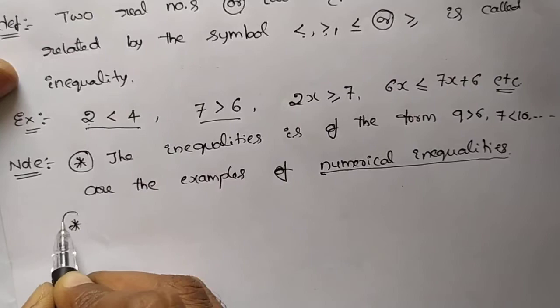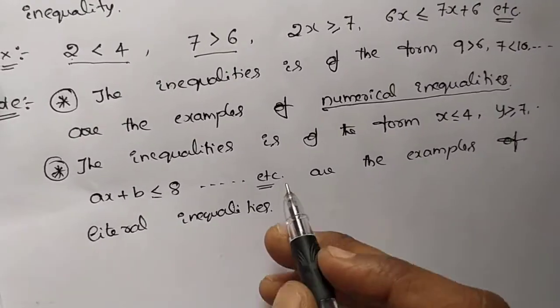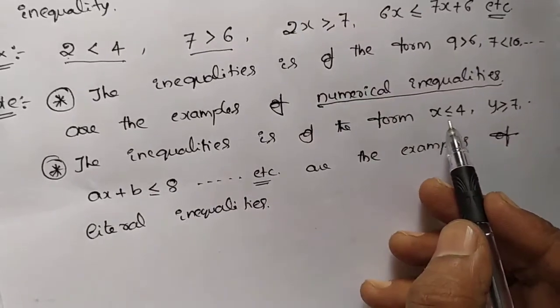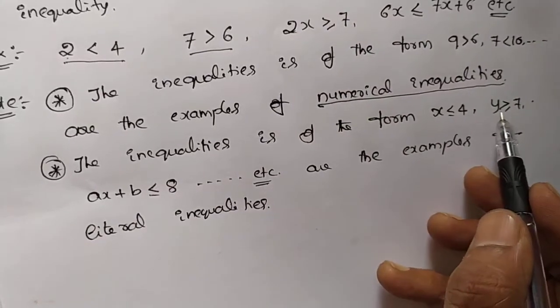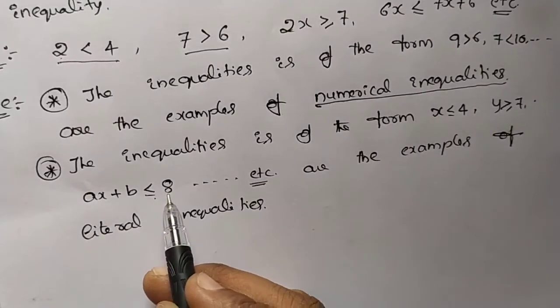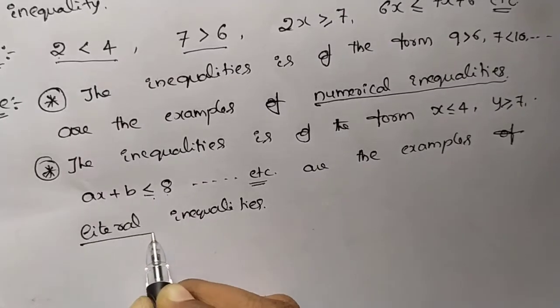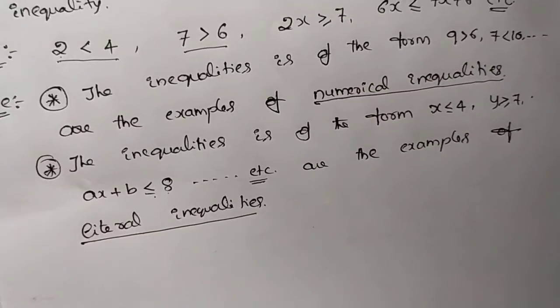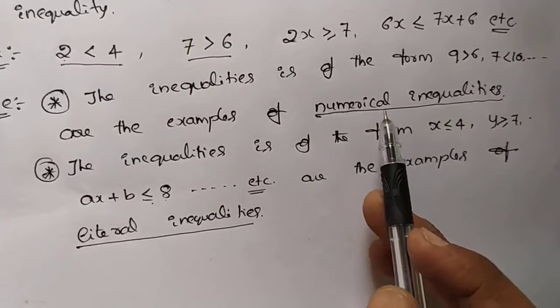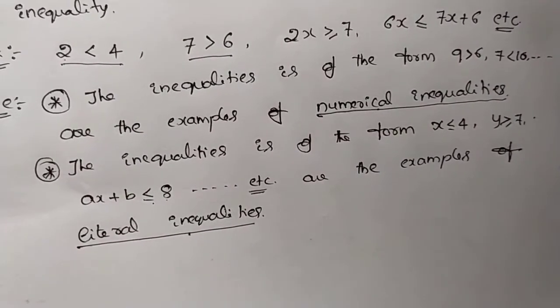Next point: inequalities of the form x less than or equal to 4, y greater than or equal to 7, ax plus b is less than or equal to 8, and so on, are examples of literal inequalities. So these are numerical inequality and literal inequality.